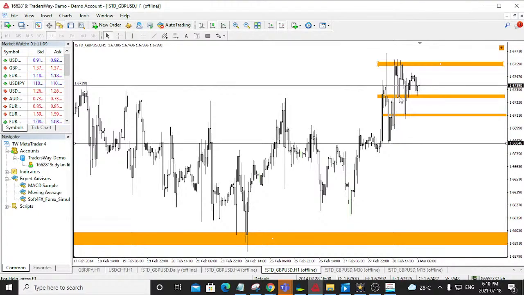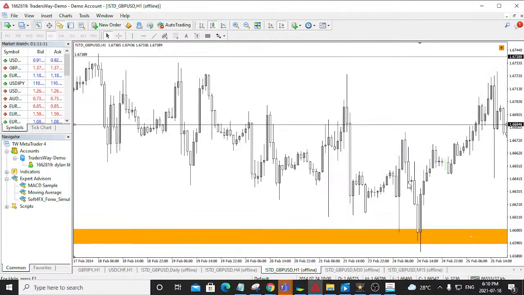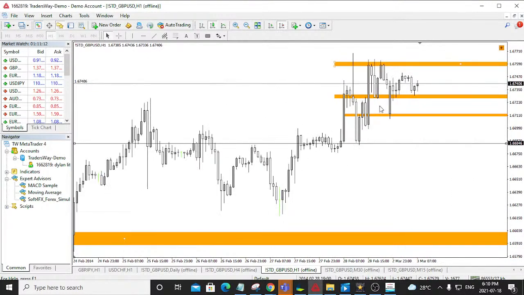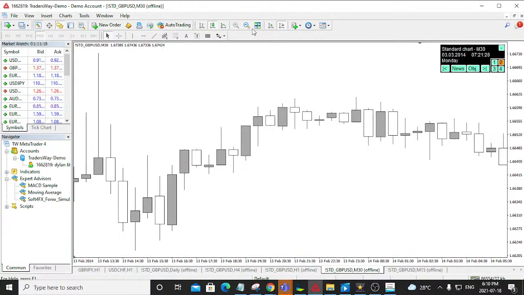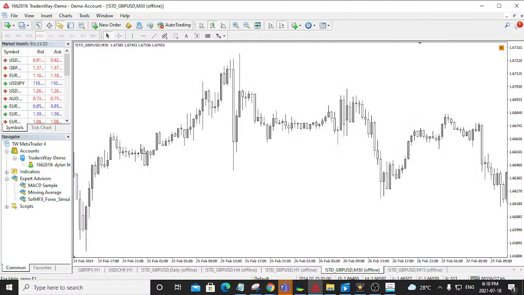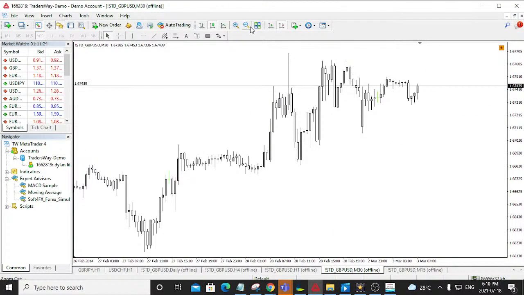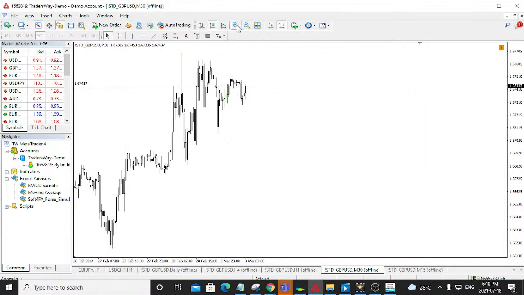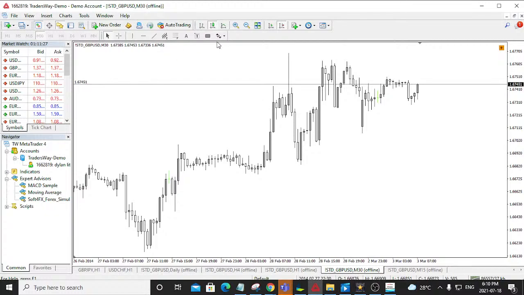So realistically we are just really waiting. This is the 1 hour, so for the 1 hour we zoom in, go to the 30 minute, come out. So zoom out. We already have basically our bases of what we're looking for.